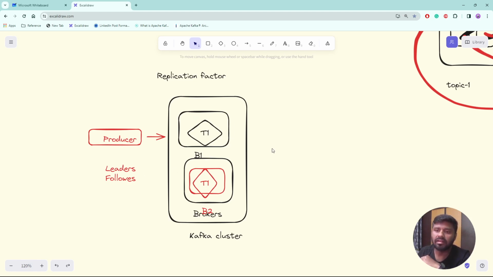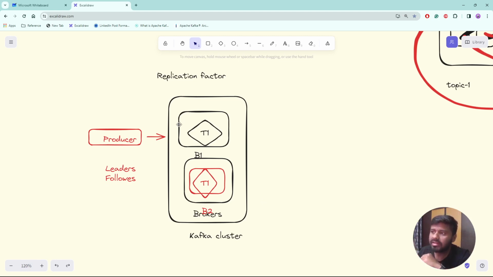So I can say this specific broker, B1, is my leader. And as part of the replication factor, Kafka will create replicas of B1, right? Maybe 3 replicas can be stored within the Kafka cluster. So the other replicated brokers are known as followers. The followers' responsibility is to replicate the information.